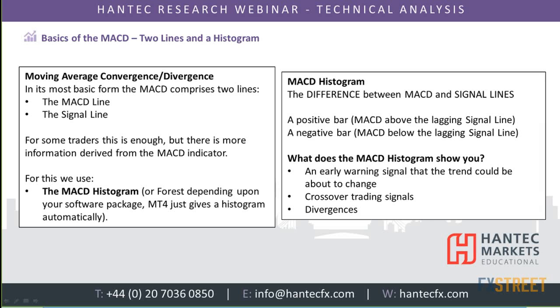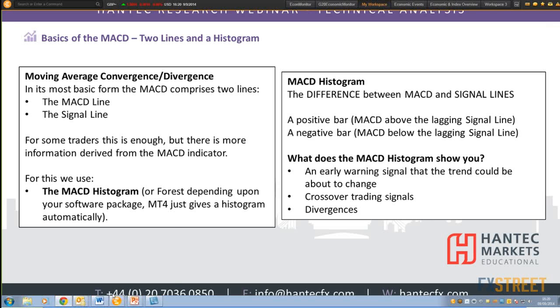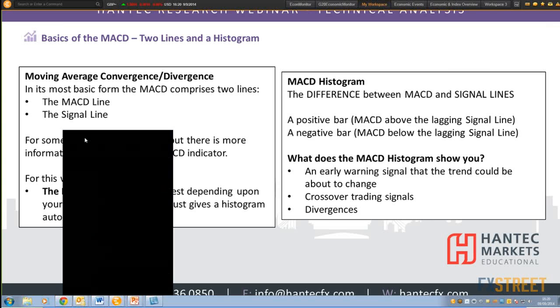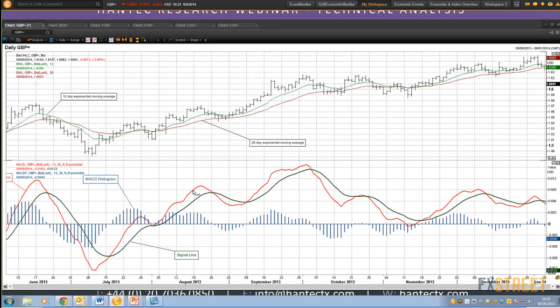The MACD histogram is the difference between the signal line and the MACD. So when the MACD line, the red line, is above the green line, then the histogram will be positive. As the lines cross over, the MACD line will be neutral.